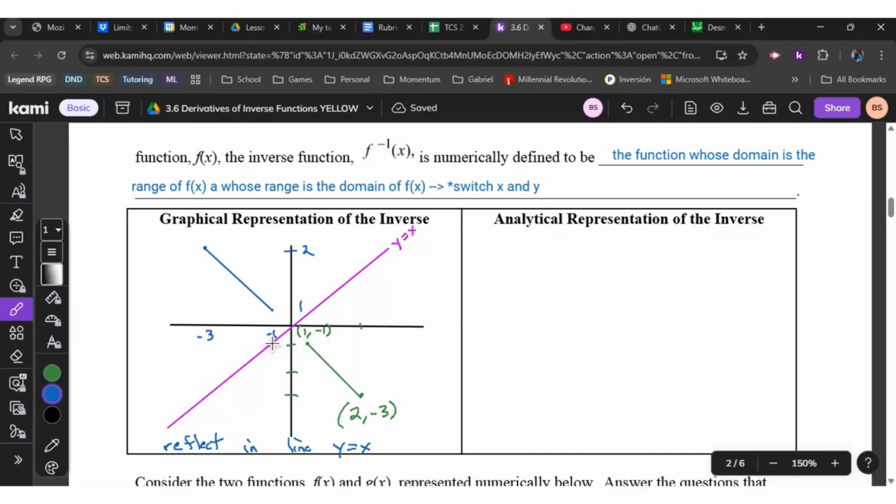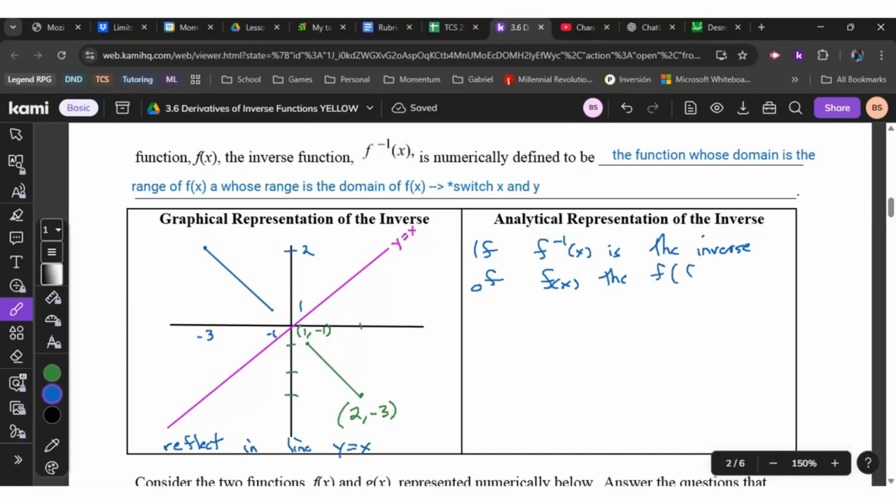All right, fair enough. Canonical representation of the inverse. So, if f inverse of x is the inverse of f of x, then, are you ready for it?